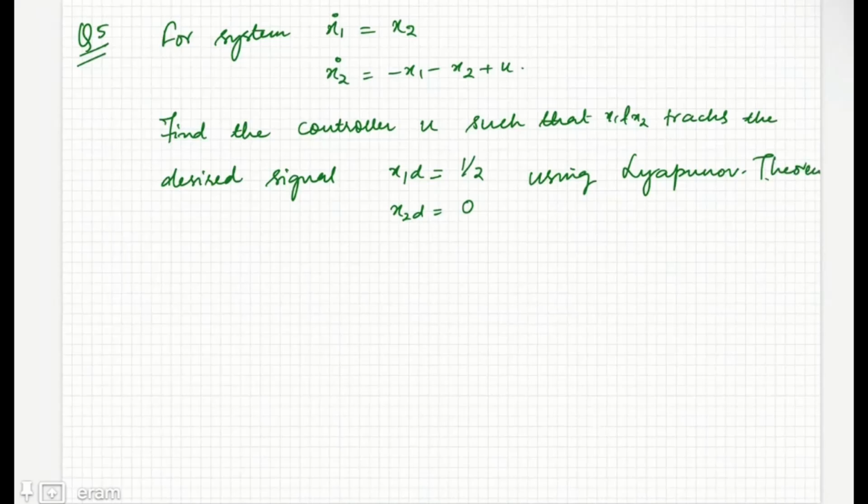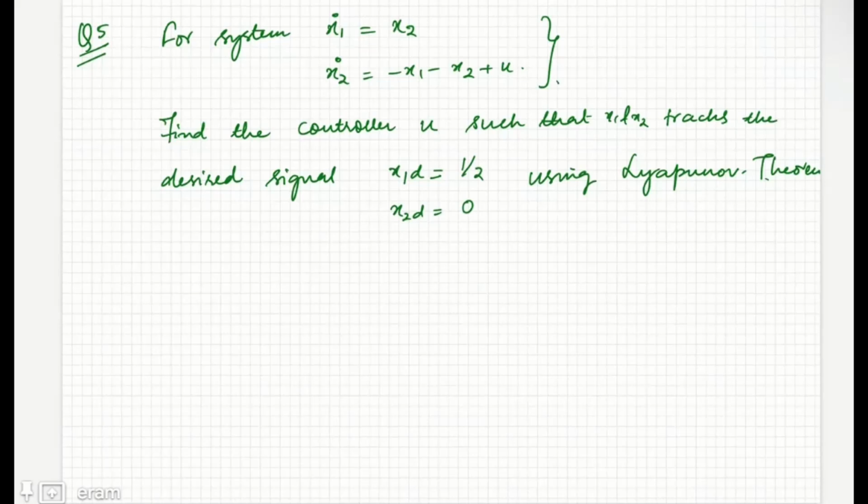So we are given a linear system. Obviously we can check that it is a linear time invariant system. For this system we have to design our controller u, which can be anything. That could be a constant value or a state dependent value, anything. We have to design u such that the states x1 and x2 track the desired signal.